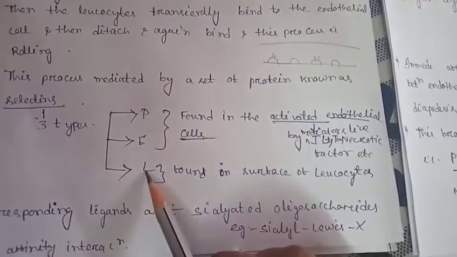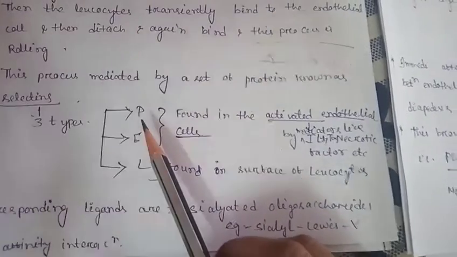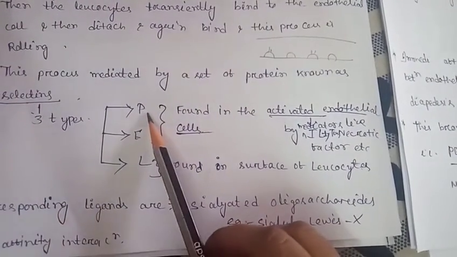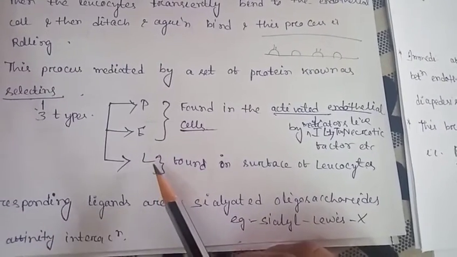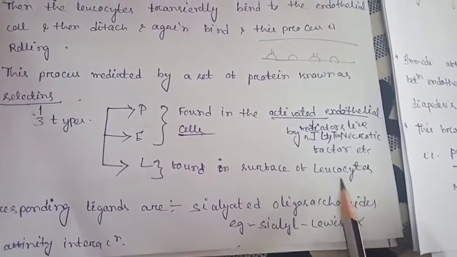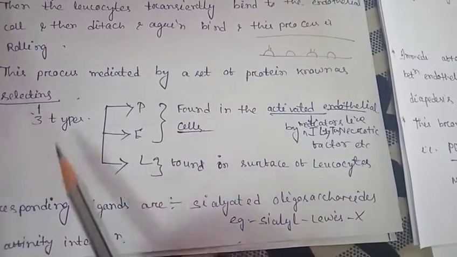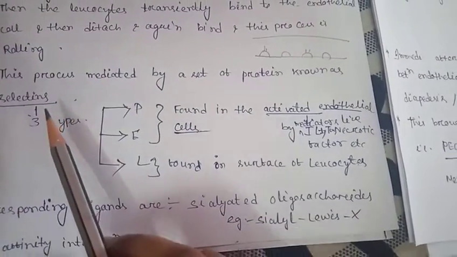which results in the rolling. There are mainly three types of selectin: P, E, L. What is PEL? P means expressed in the platelet, E means expressed in the endothelial cell, and L means expressed in the lymphocyte or leukocyte. So these are the types of selectin.